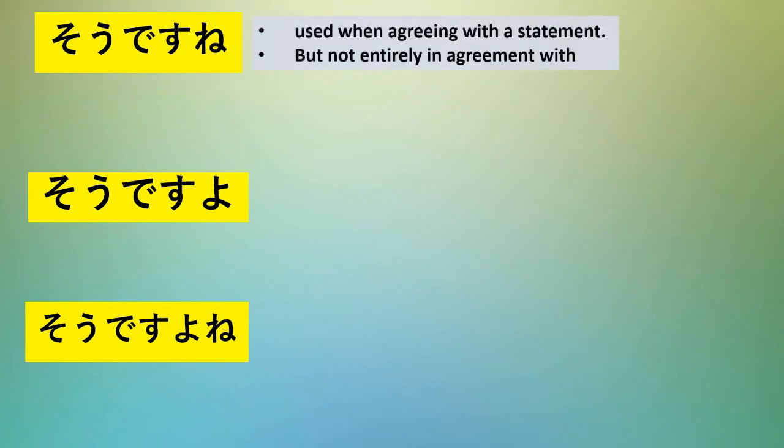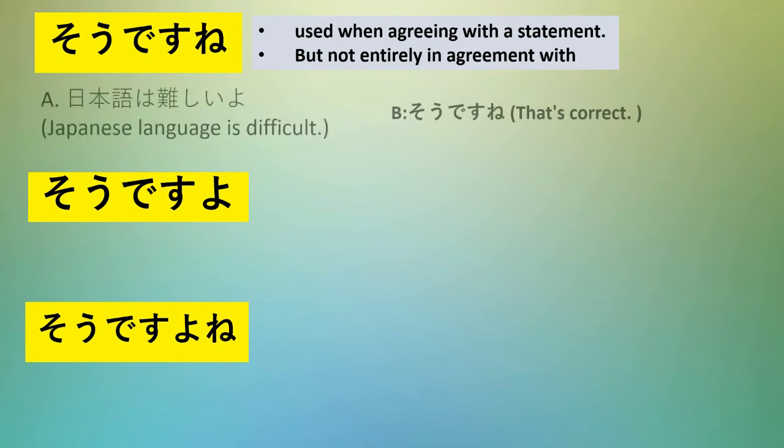So desu ne, these are some of the more useful phrases used in Japanese conversation. So desu ne is used when agreeing with the statement but not entirely. So I say, Nihongo wa muzukashii yo.